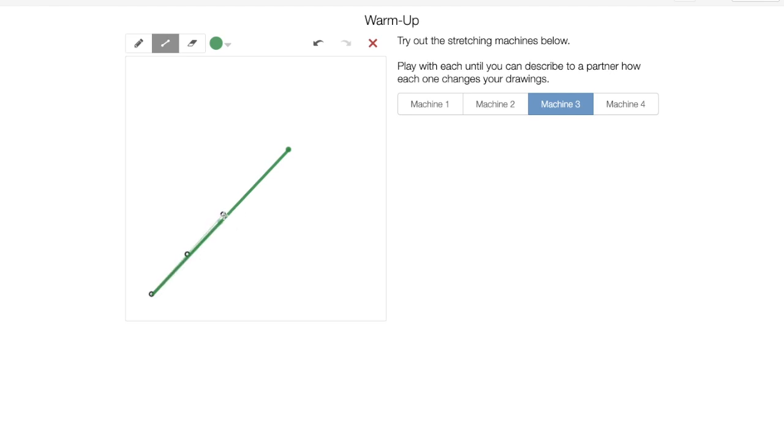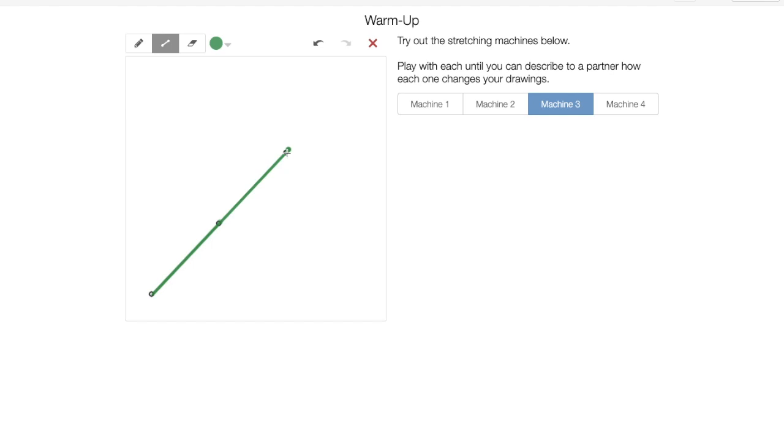The scale factor here is 1/2, and we can see that by looking at the distance from the center of dilation to the pre-image. If we consider that distance as one whole, then the distance from the center of dilation to the image, which is right here, is half of that whole distance.